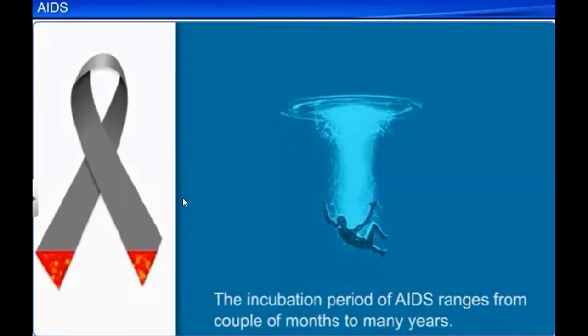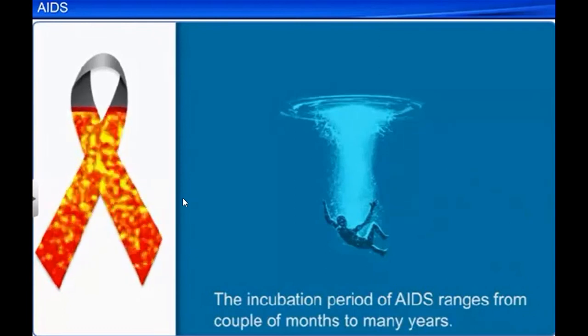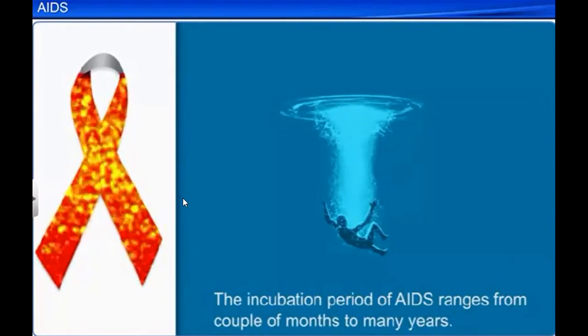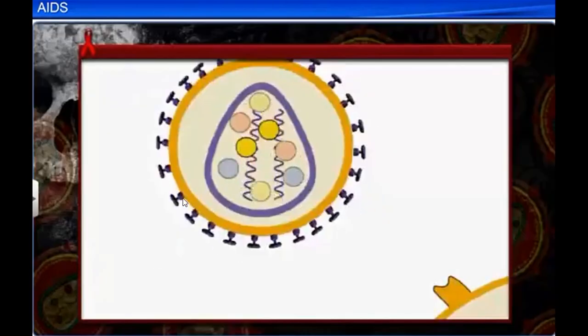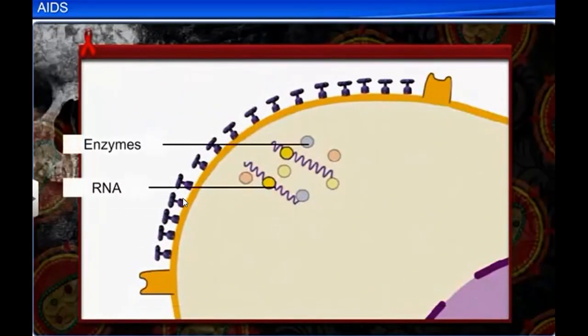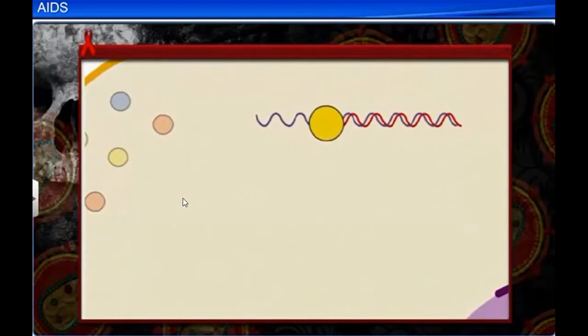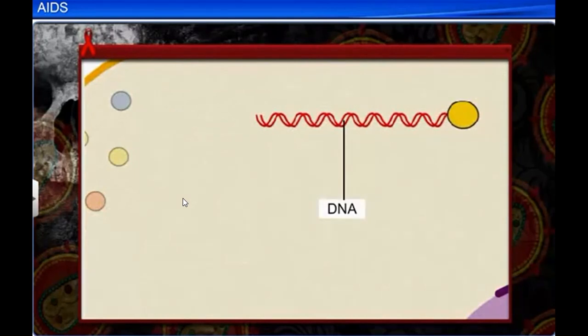The incubation period of AIDS, that is, the timeline between infection of HIV and appearance of AIDS symptoms, ranges from months to many years. Once the HIV virus enters the body, it targets the macrophages, where the RNA genome of the virus, with the help of the enzyme reverse transcriptase, produces viral DNA.